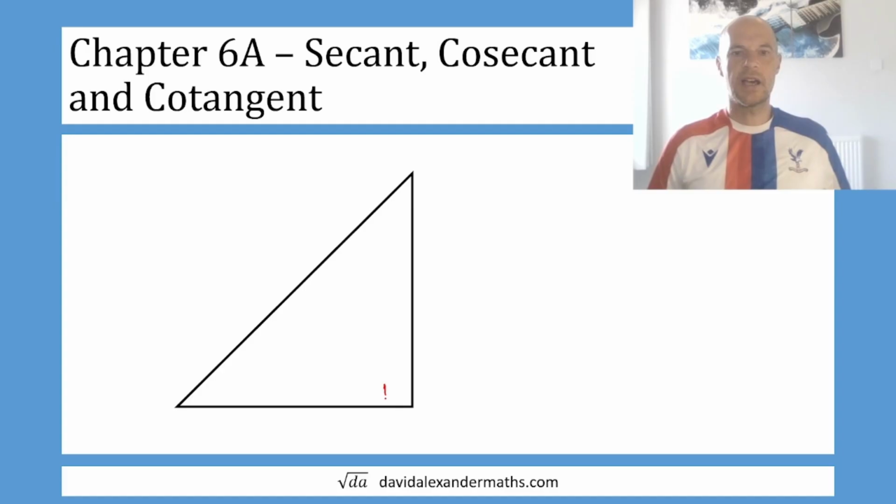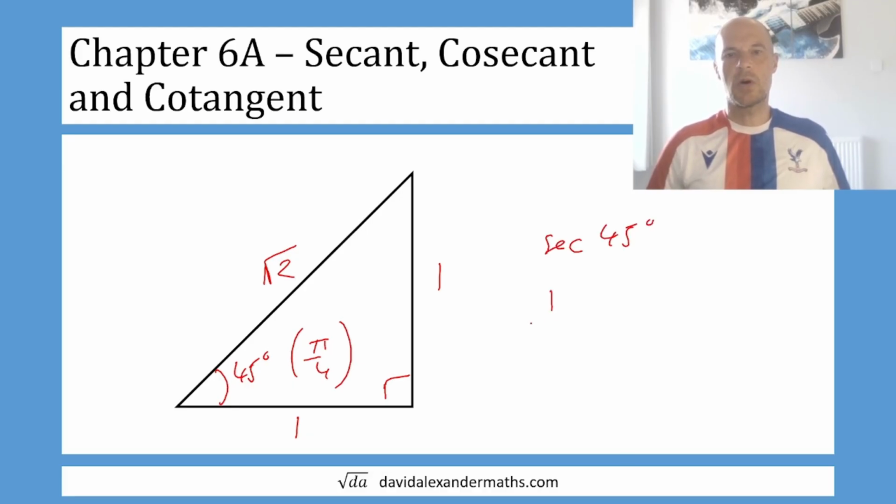Okay, and here is my triangle for the 45 degrees. So this is side length 1, this is side length 1, and the hypotenuse is root 2. So this angle here is 45 degrees, or pi over 4. So if we wanted to work out, let's say, the sec of 45 degrees, we need to remember that that is 1 over the cos of 45 degrees.